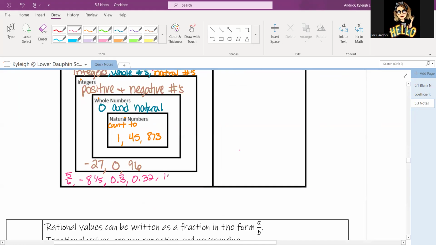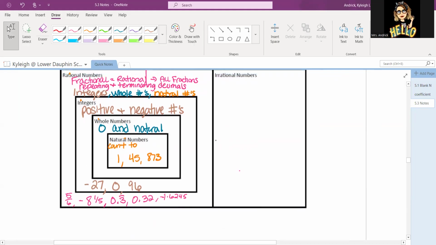Negative 1.6245, that's an ending decimal. So any fractions, positive or negative, and decimals that are repeating or terminating, positive or negative, those are rational, plus integers, whole numbers, natural numbers.